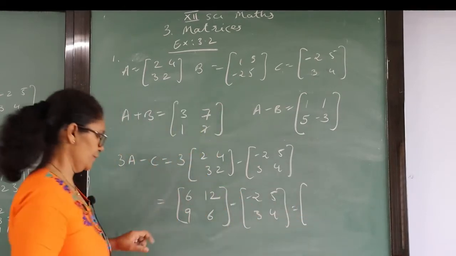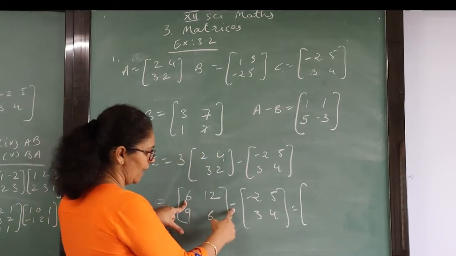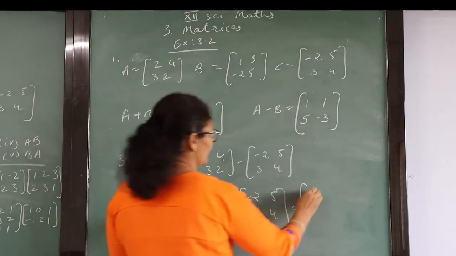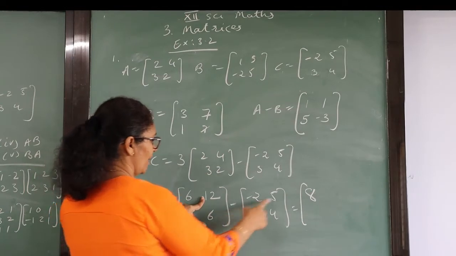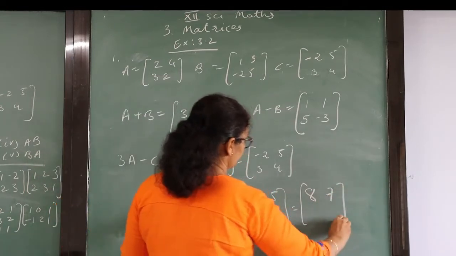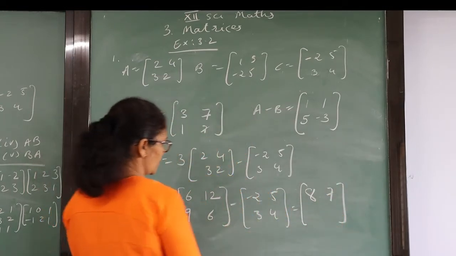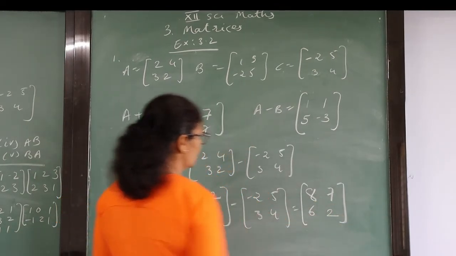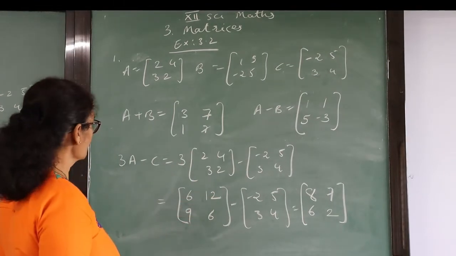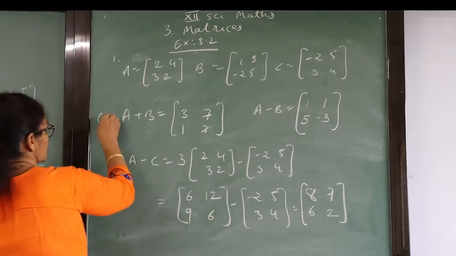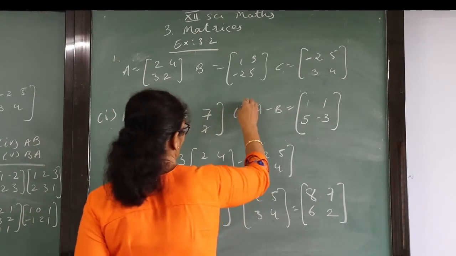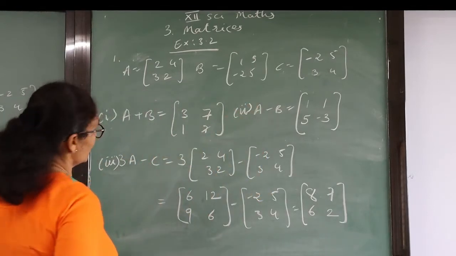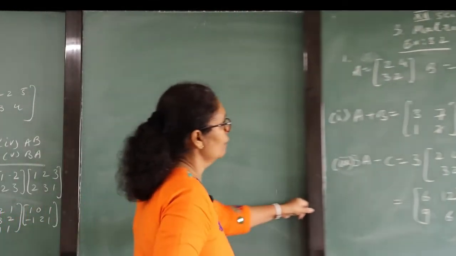Now let's add it. 6 minus minus plus, so 6 plus 2 will be 8, 12 minus 5 will be 7, then 9 minus 3 will be 6 and 6 minus 4 will be 2. So this is your first question, this is your second question, this is your third question.